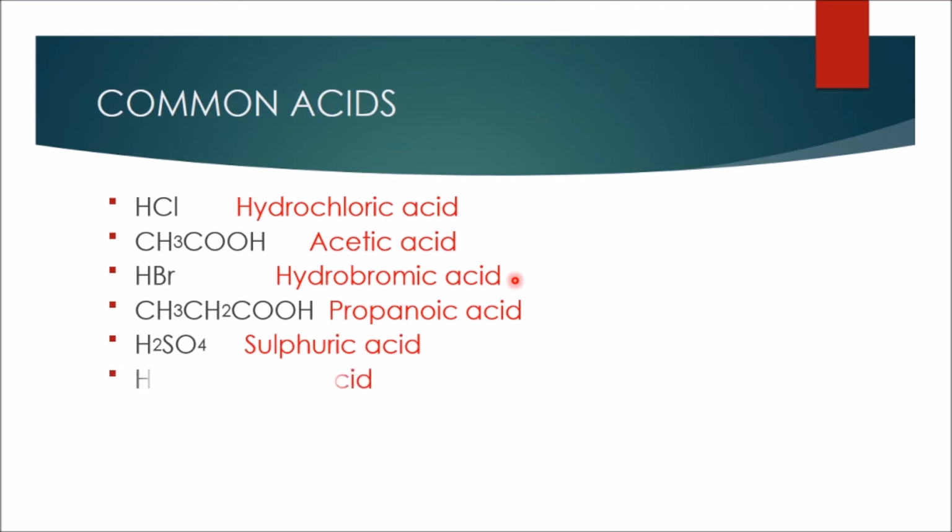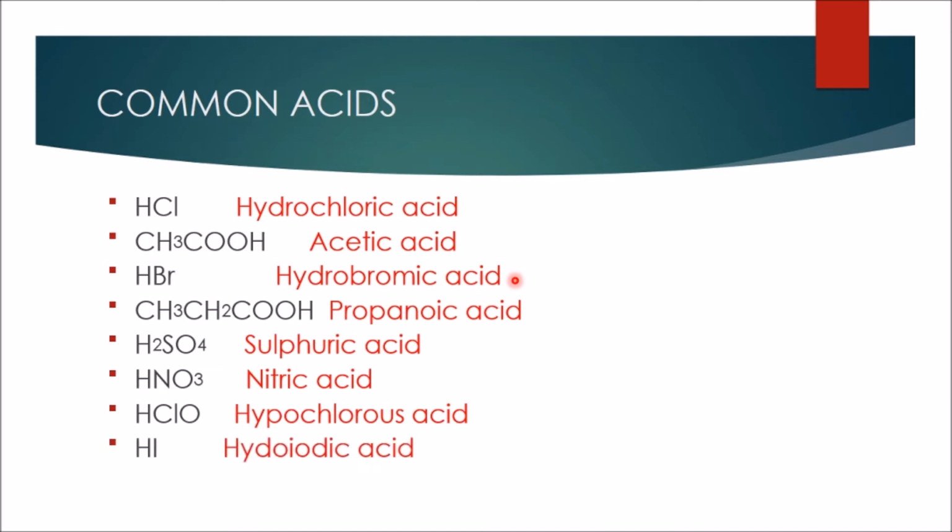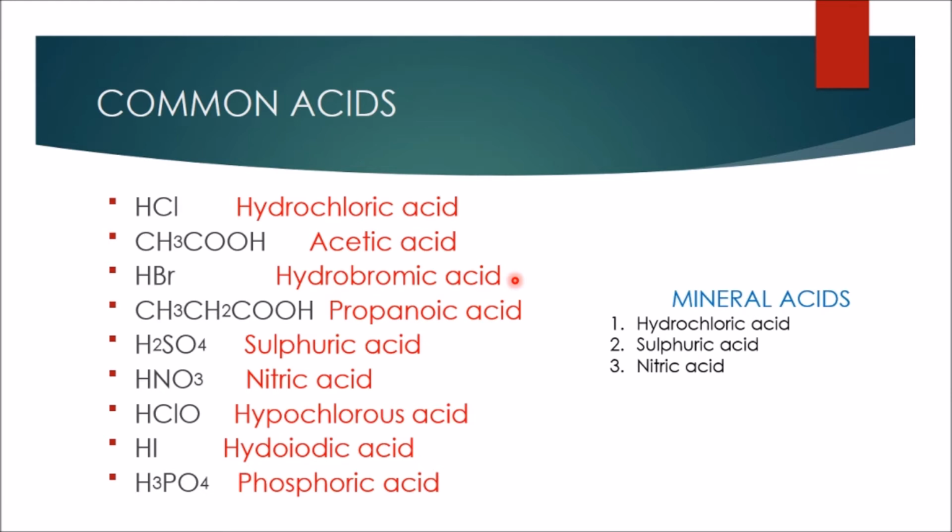H2SO4 is sulfuric acid. HNO3 is called nitric acid. HClO is called hypochlorous acid. HI is hydroiodic acid. H3PO4 is phosphoric acid. Out of these, we have mineral acids, which are hydrochloric acid, sulfuric acid, and nitric acid. So these acids are called mineral acids in layman language.